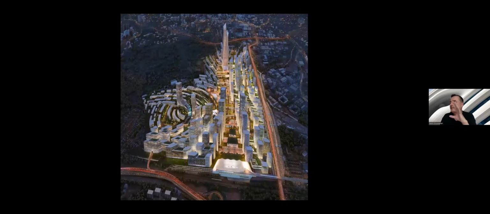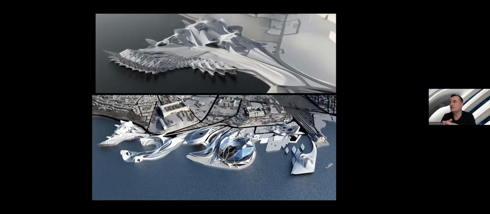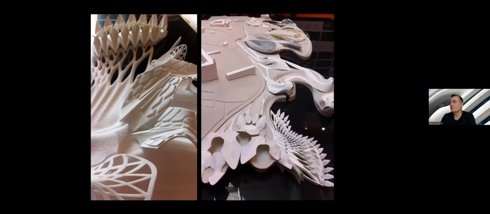So these are just glimpses of city districts we've been involved with or sketched out, a cultural district, for instance, here in Istanbul, either with students or with ZHA. So there's both student work from AADOL, from Vienna, and other schools of architecture, as well as ZHA work.